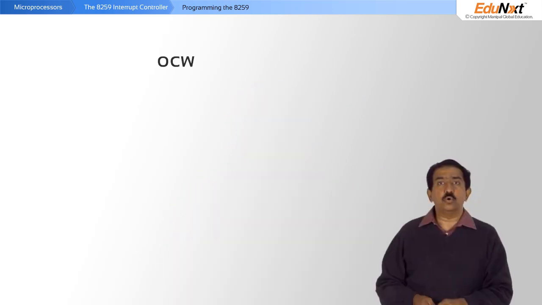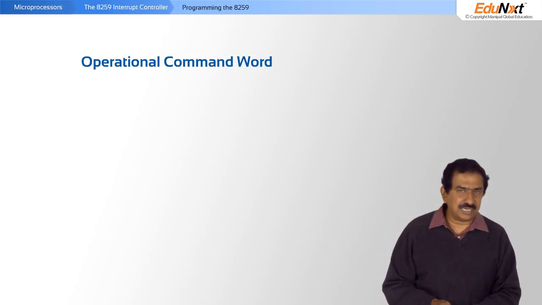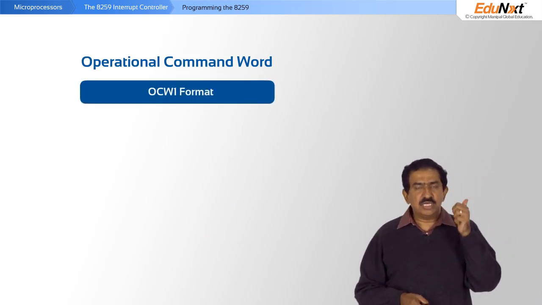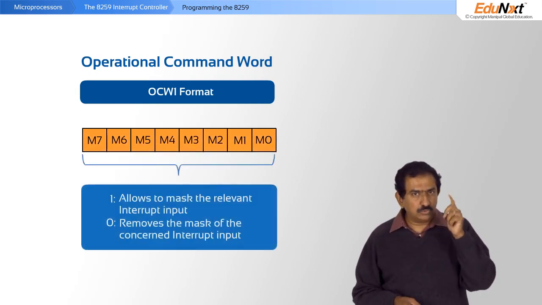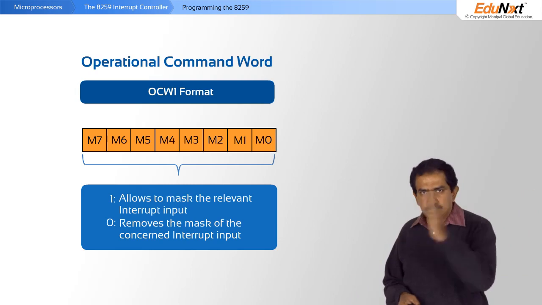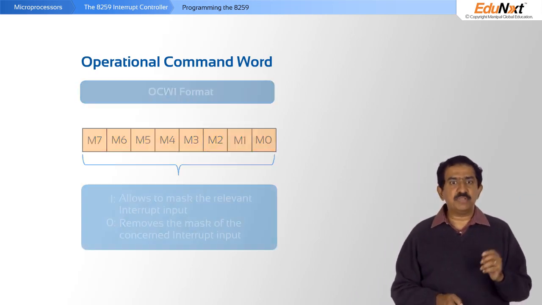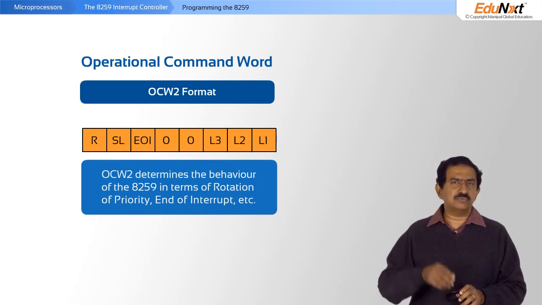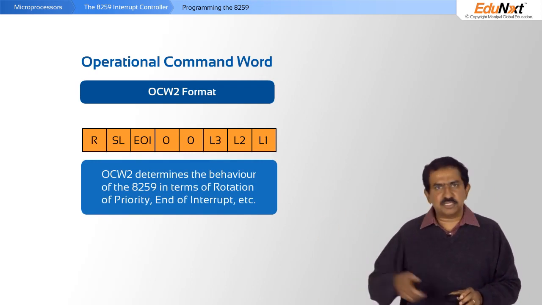Then you can start programming it using what's called the OCW, operational command word. OCW1 really talks about the masking. It allows you to mask individual interrupt bits, and you can do this dynamically anywhere during the program. OCW2 determines the behavior of the 8259 in terms of rotation of priority, end of interrupt, and so on and so forth.